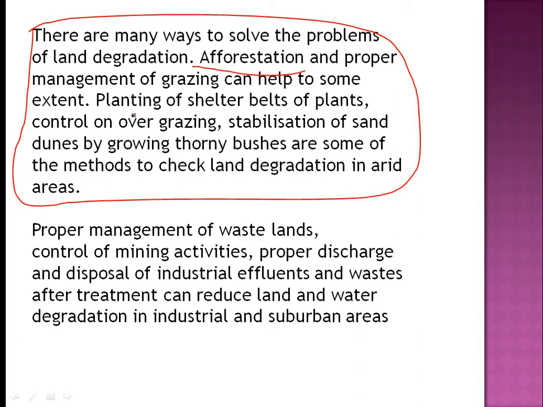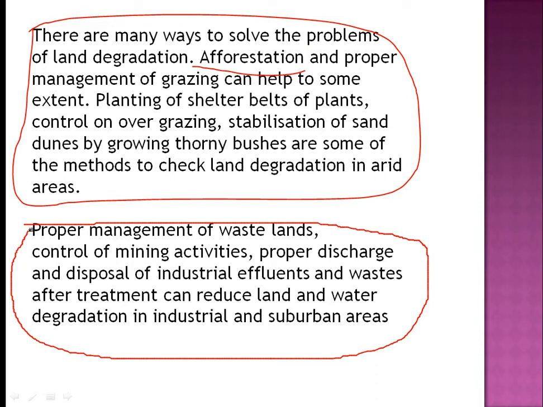Then the next point, proper management of wasteland. So here we are seeing that proper management of wasteland can control the mining activities. These points you also have to include in your answer. Right?